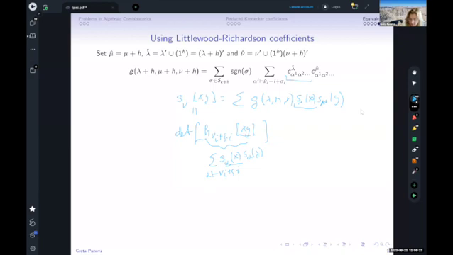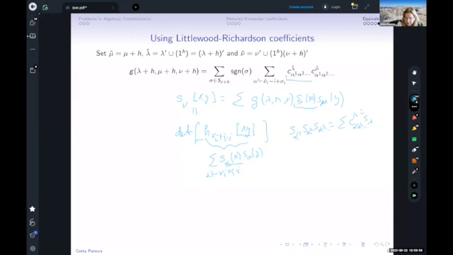What's the multi-Littlewood-Richardson coefficient? It's that we multiply a bunch of Schur functions indexed by these partitions, and the coefficients are what we get when we expand this into Schur functions. How do we find these coefficients?